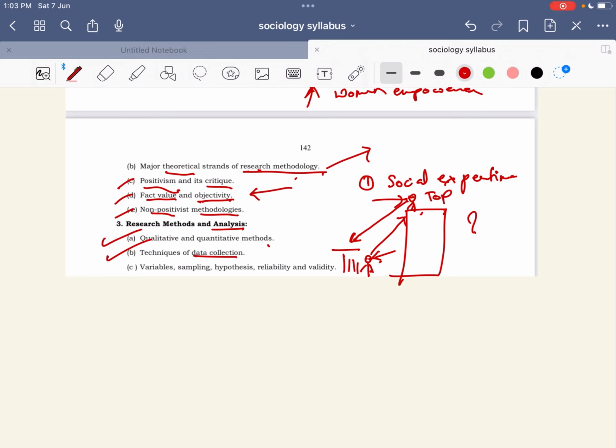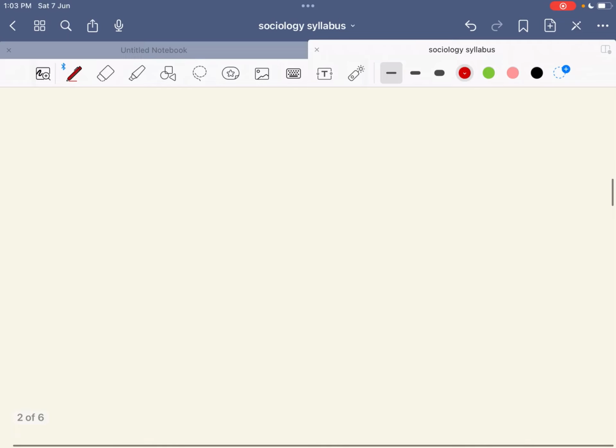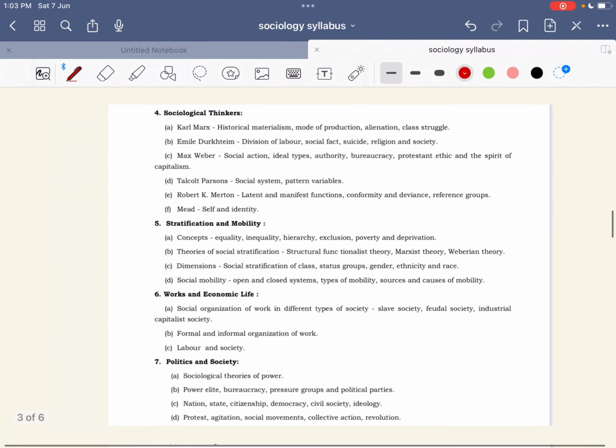Nowadays, especially in the age of technology, we don't give a blank statement. We have some data, and on the basis of data we arrive at some truth. Then there are variables, sampling, hypothesis, reliability and validity. These we are also going to see.